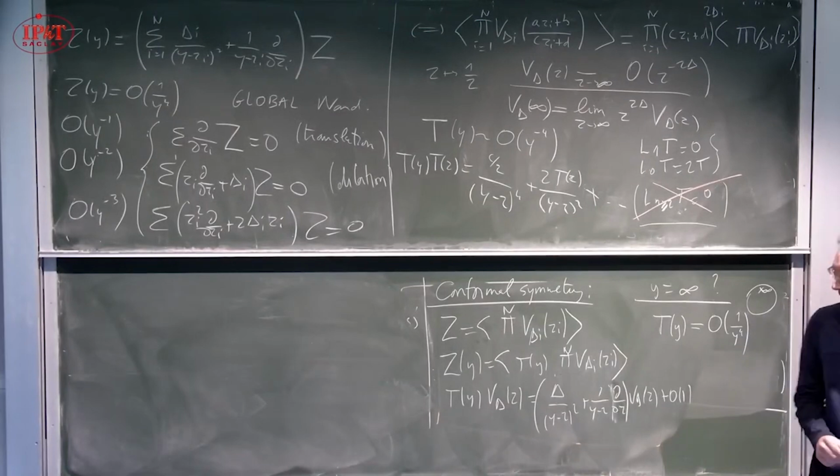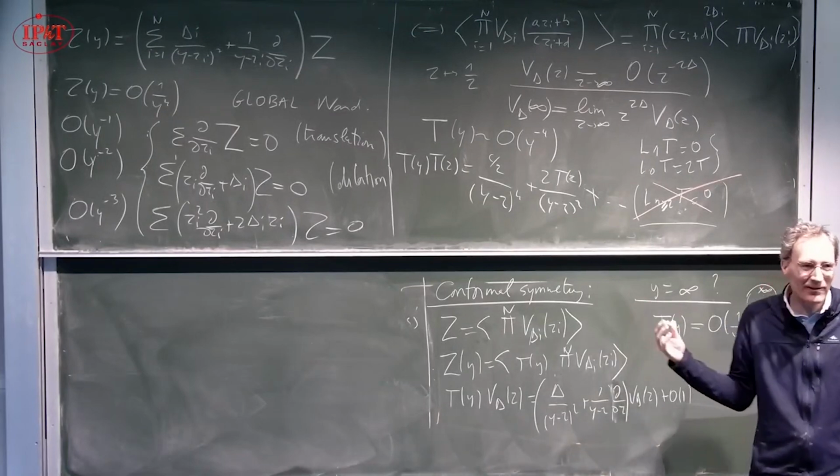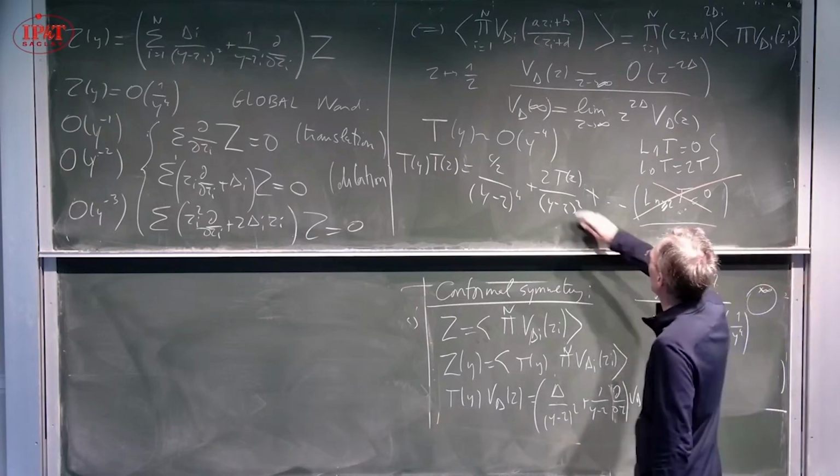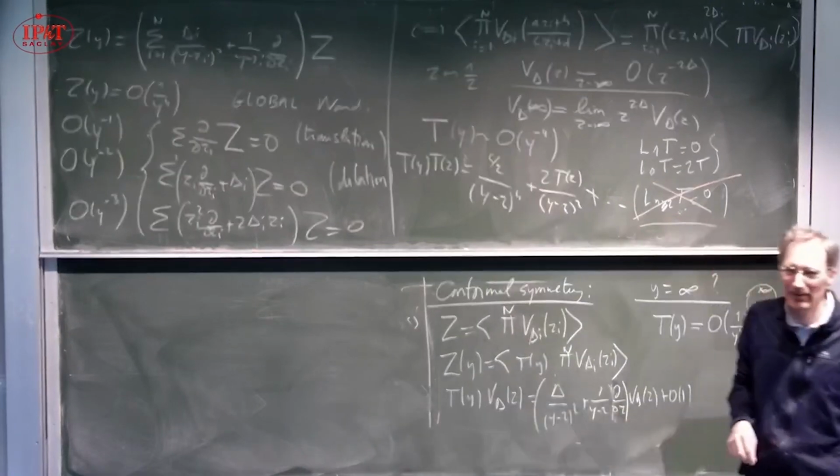So indeed, I would be happy to know a simple derivation from first principles, but I'm not sure it's even possible. A simple derivation of the fact that T decays as 1 over y to the fourth.